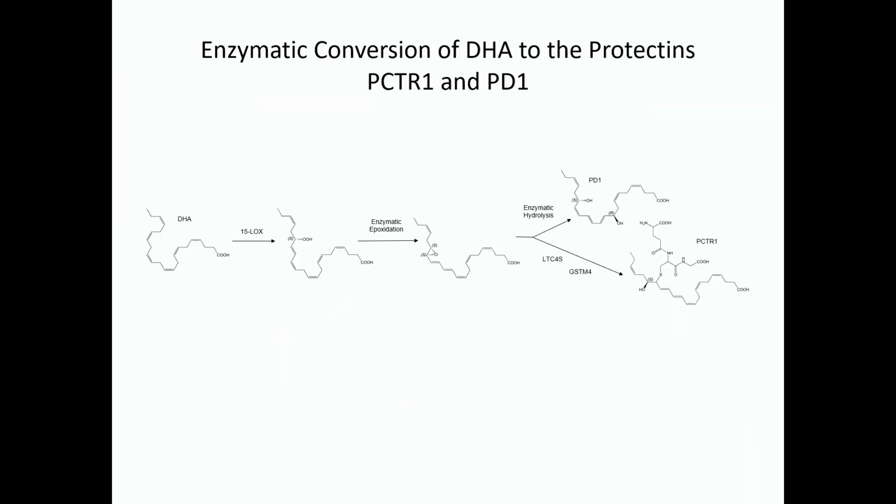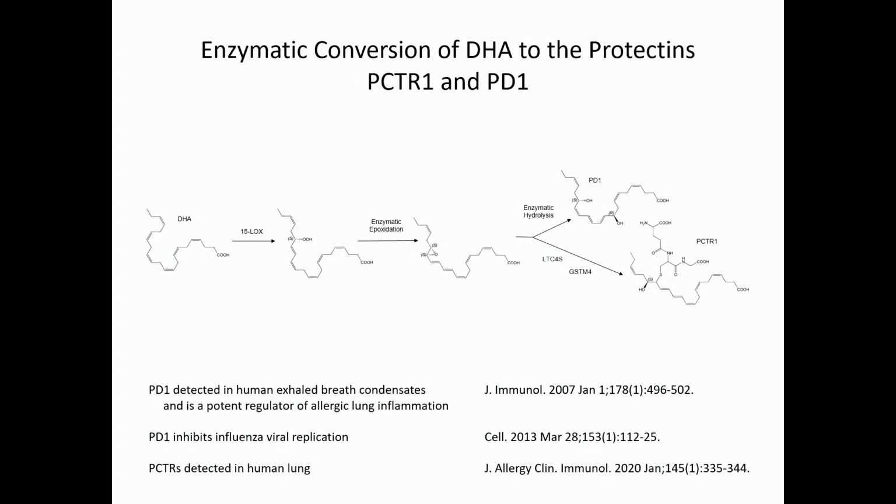So I mentioned that we identified in human lung the protectin conjugates of tissue regeneration earlier with that Morizen story. And so we're interested in protectin D1 and PCTR1 in this set of experiments. And that's because PD1, protectin D1, has been identified in exhaled breath condensates and is a potent regulator in experimental allergic lung inflammation.